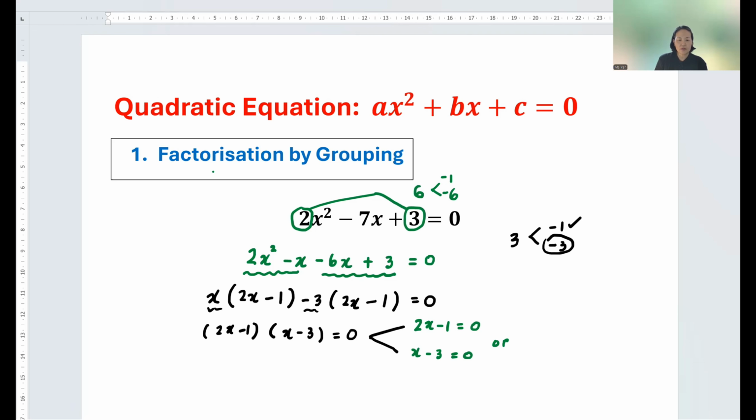So 2x minus 1 equals 0 means 2x equals 1 and x equals half, because we divided by 2. That's one solution. Or x minus 3 equals 0, so x will be 3. That's another solution. So x equals half or x equals 3 satisfies this quadratic equation.